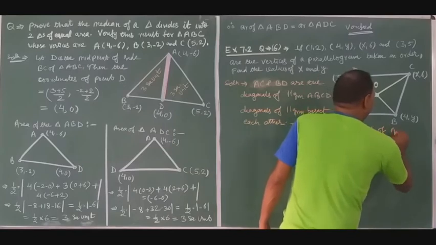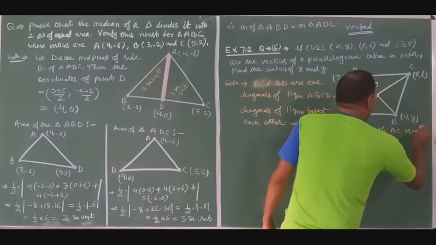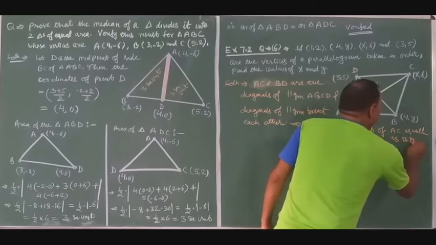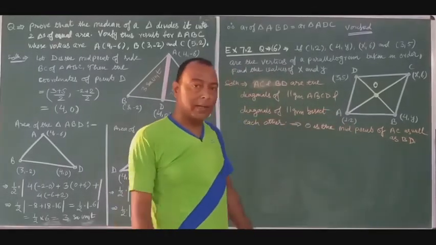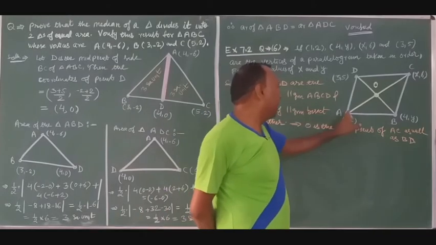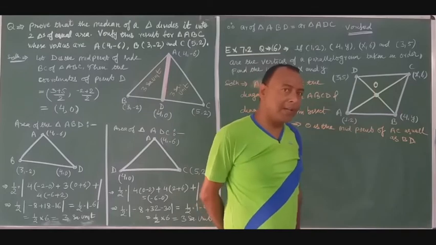AC as well as BD. By seeing that the diagonals of a parallelogram bisect each other, it means O is the midpoint of AC as well as BD.